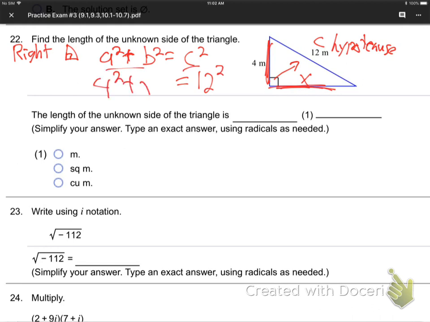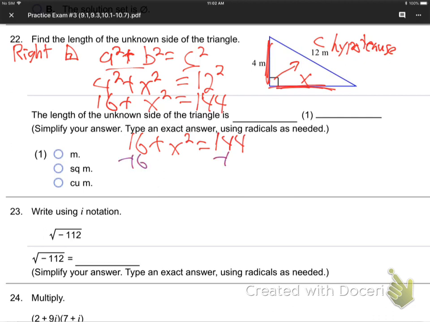The other two are 4 squared plus x squared. So there's our equation. 4 squared is 16. 12 squared is 144. Bring it down here. 16 plus x squared is 144. To solve for x, you got to subtract the 16 from both sides.